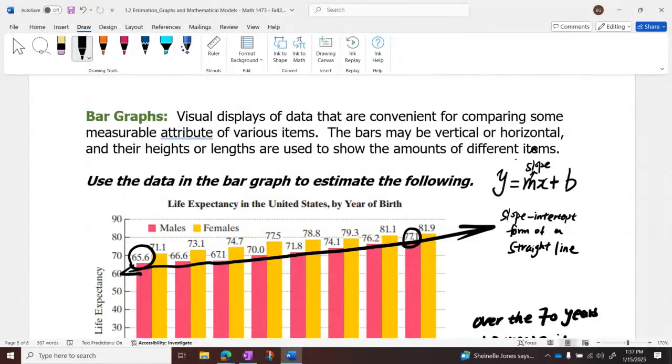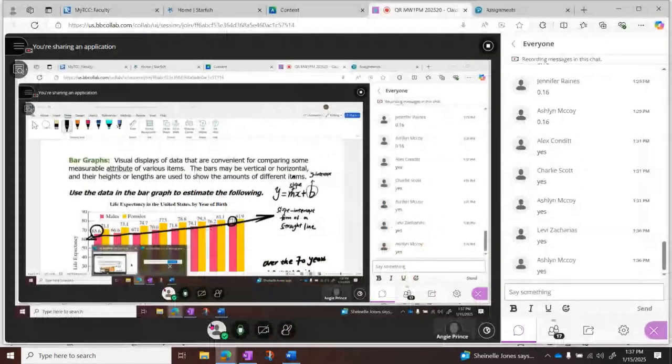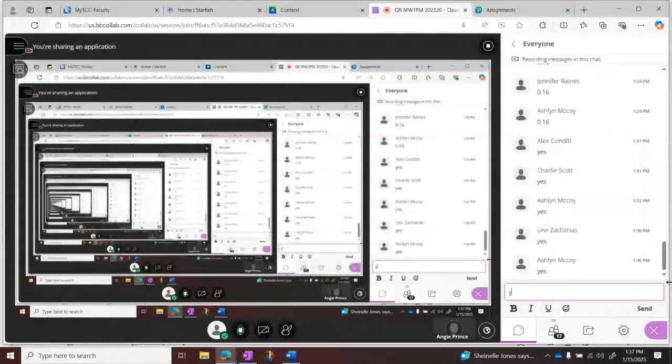And the second part on the right, b here, is the y-intercept, okay? It might help if you write this down. It would help you understand the linear modeling better. y equals mx plus b. So this is the equation for a straight line that describes the linear trend of those bars.